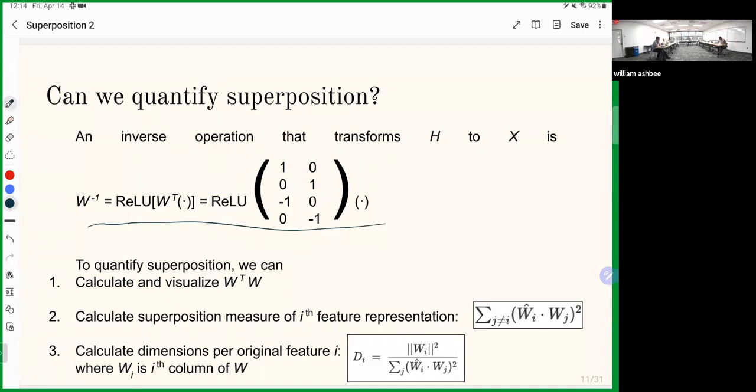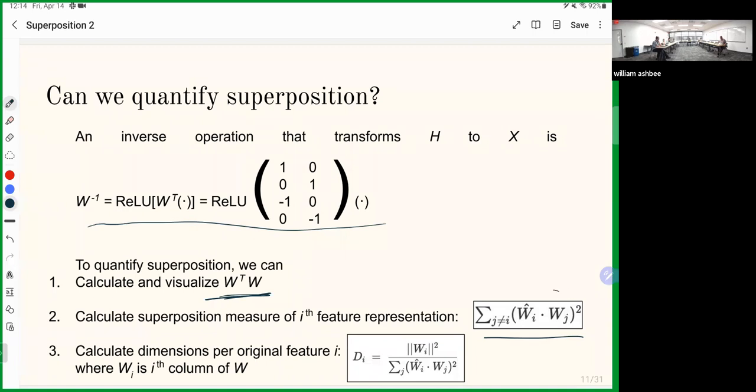What can we do with it? First, we can visualize this kind of matrix and see what it looks like. Second, we might come up with some measures of superposition. One of them might be a measure of how many other features are overlapping with a given feature.